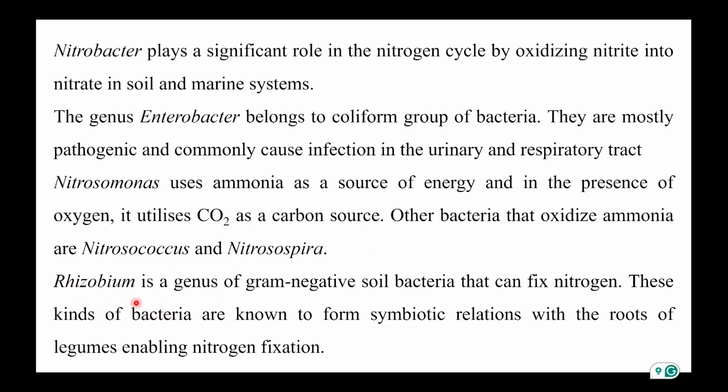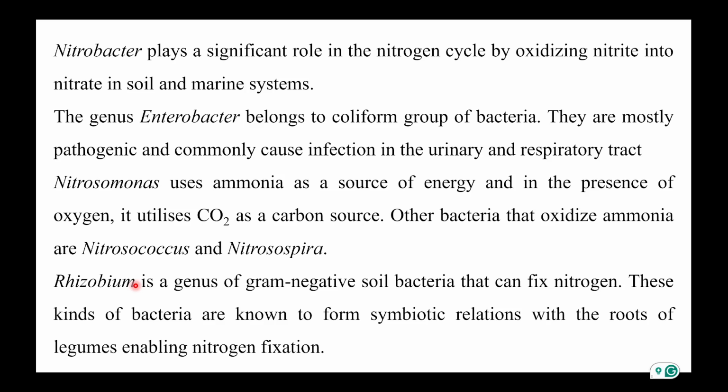Then the fourth option was rhizobium. Rhizobium is actually a gram negative soil bacteria that can fix nitrogen. If you remember from the previous session, when we discussed the nitrogen cycle, I told you ammonia is converted into nitrites and then nitrates. That was the nitrification process. Nitrates are converted back to nitrogen. That was the denitrification process.